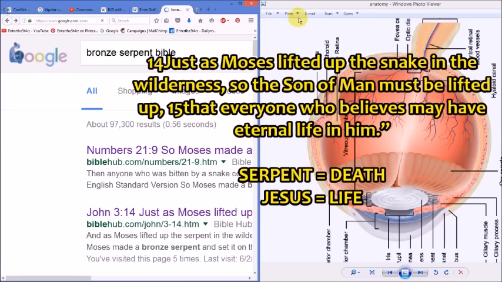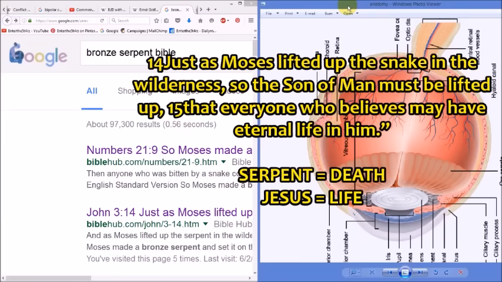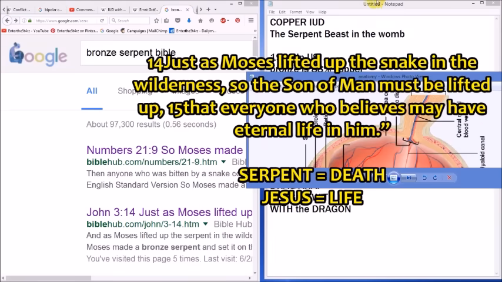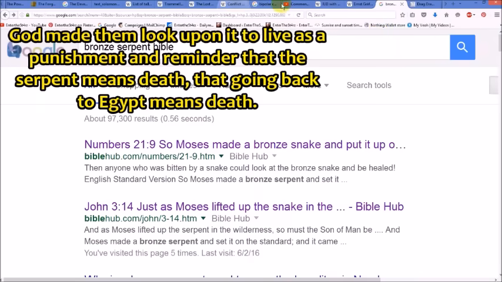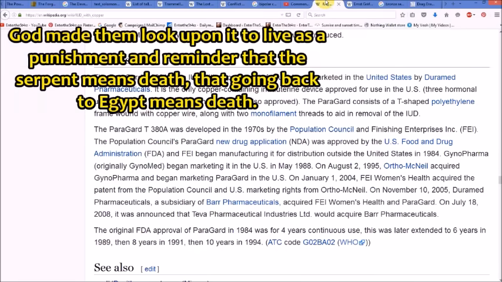And then we had the iron-based pure blood of Christ that corrects our blood. So they were out of Egypt. In the womb, the copper serpent killed them. And that's exactly what the copper IUD does in the womb.